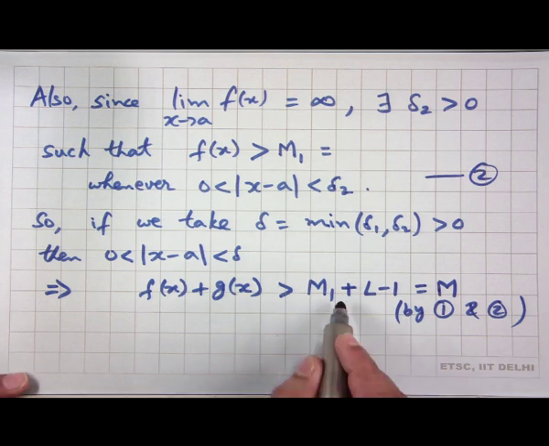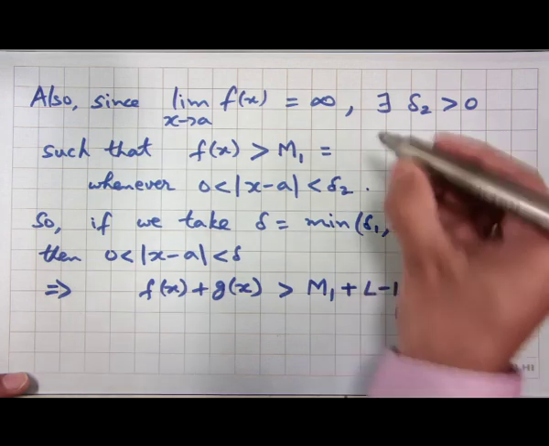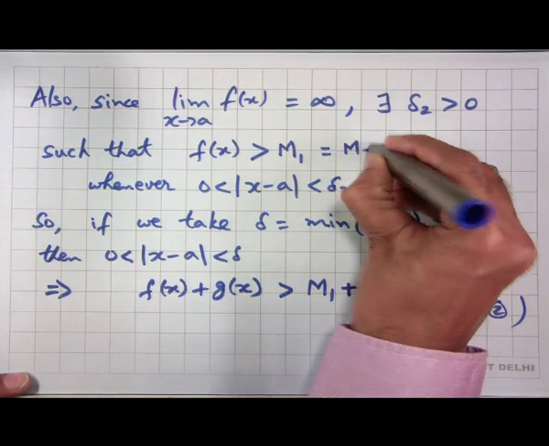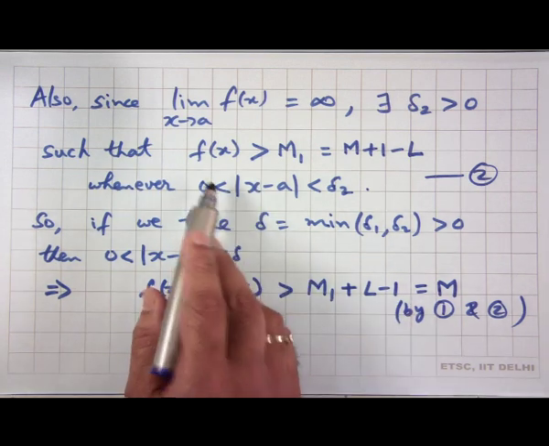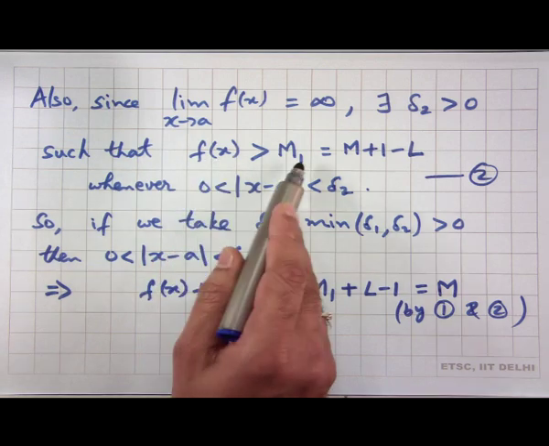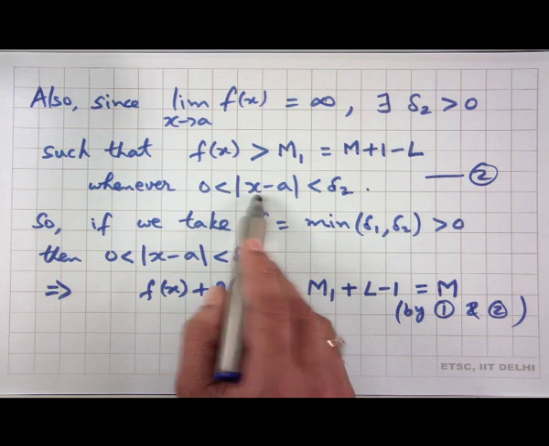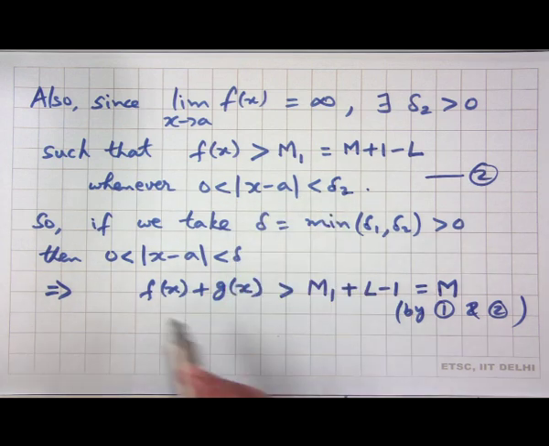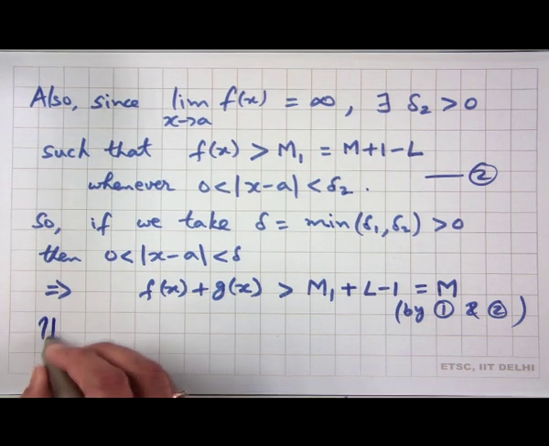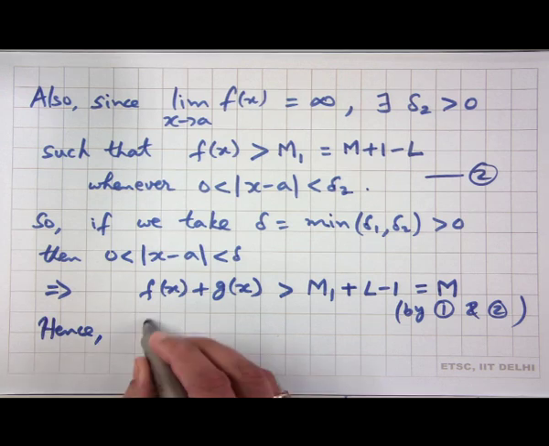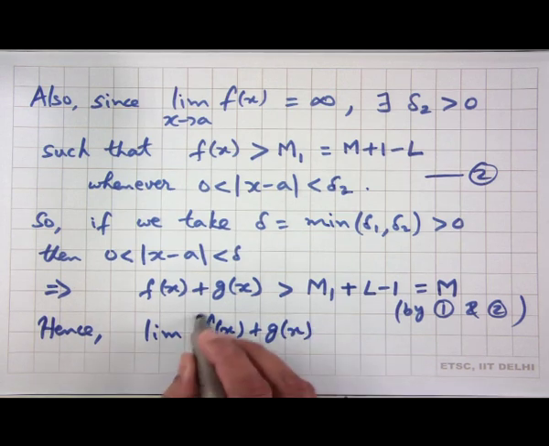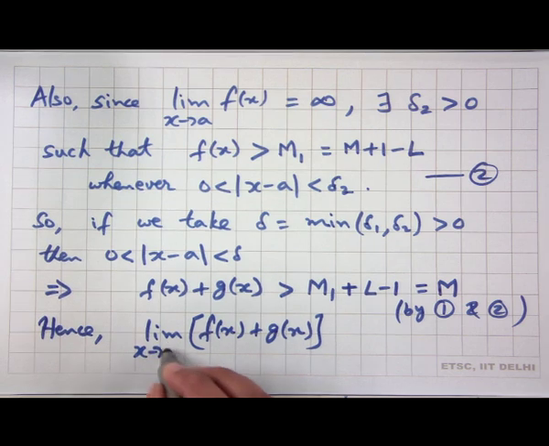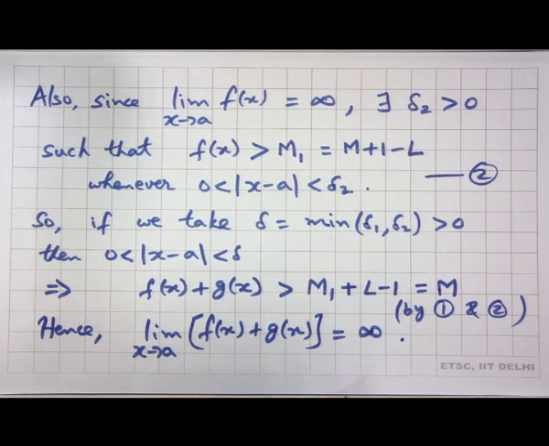So, what should be our m 1? M 1 is equal to m plus 1 minus L. If I choose m 1 to be equal to m plus 1 minus L, then we can make f of x greater than this m 1 whenever mod x minus a is less than delta 2. So, hence the limit of f x plus g x is equal to infinity, right.